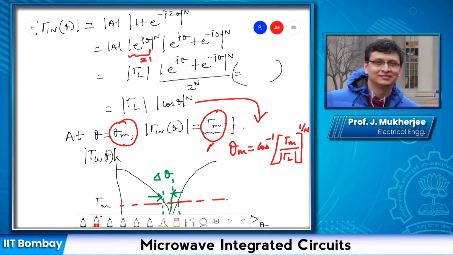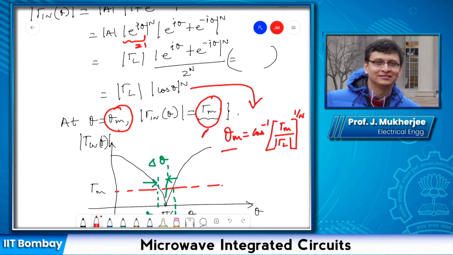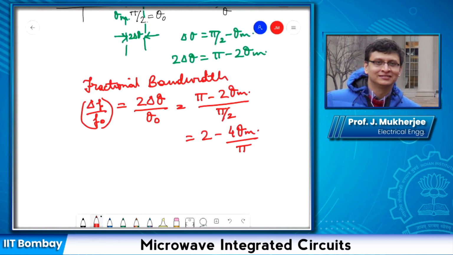From here we can get the value of theta m. So this is how we can find out the value of theta m, and from here we can find out the value of bandwidth. Just substitute, because this bandwidth is determined by only one unknown, which is theta m, and we found out theta m using the previous equation, and from here we can find out the fractional bandwidth. All right.